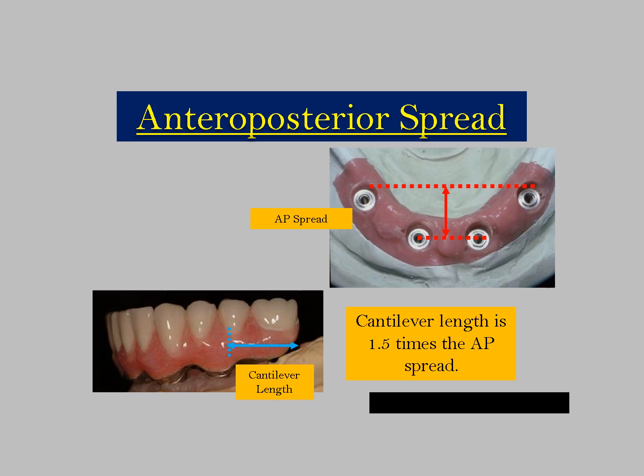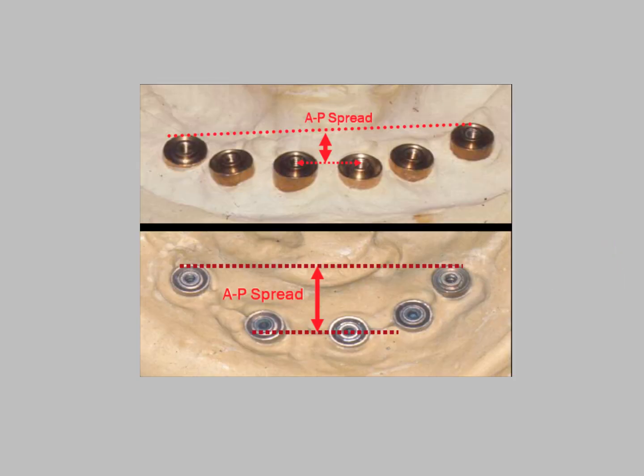So if you have 4 implants here, and I have this line and the posterior line, and I find this one is 10, I can multiply it by 1.5 and I will find the cantilever length. This is called the anteroposterior spread. That's the main rule to determine the cantilever length.